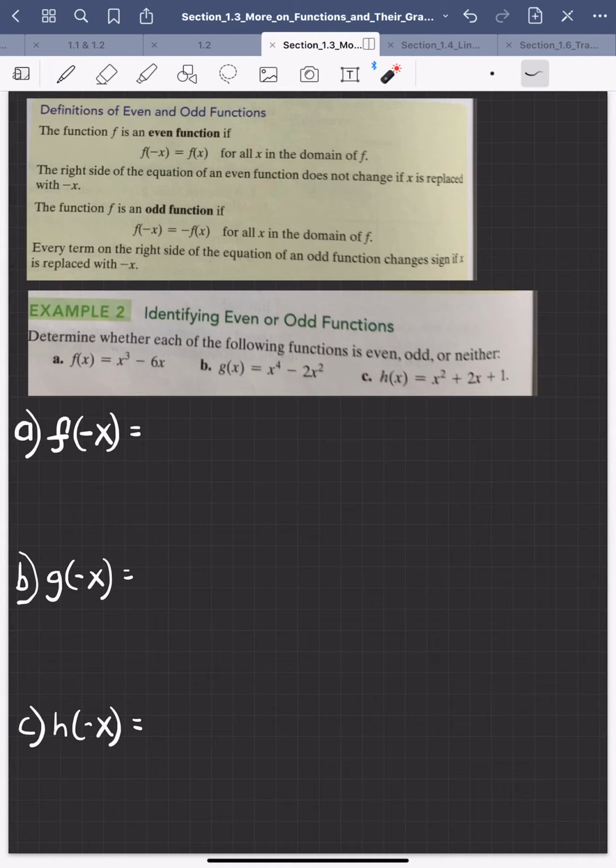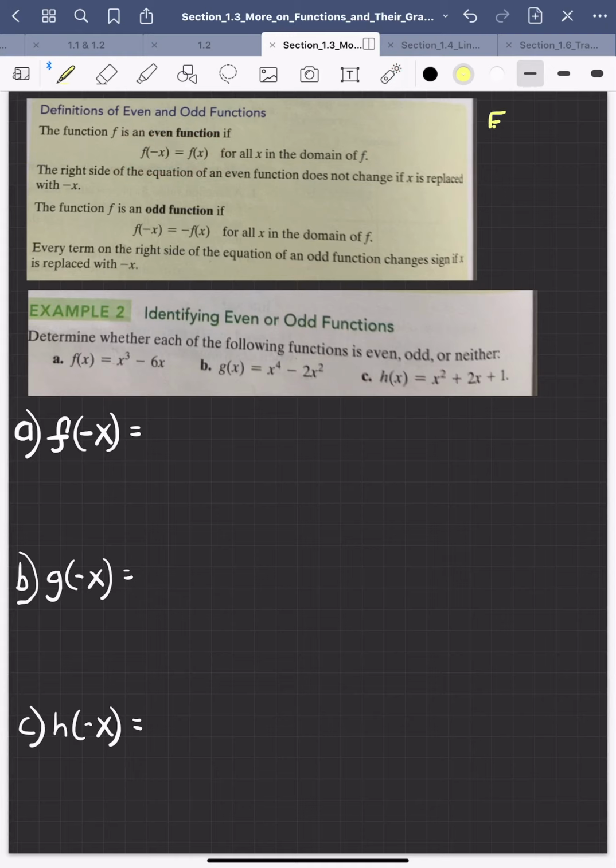So the definition is important. So notice what this says right here. And I don't know why this trips students up a lot. That highlighting might not show up very well on your end, so let me do it this way. This is the definition of an even function: f of negative x is equal to f of x for all x in the domain.